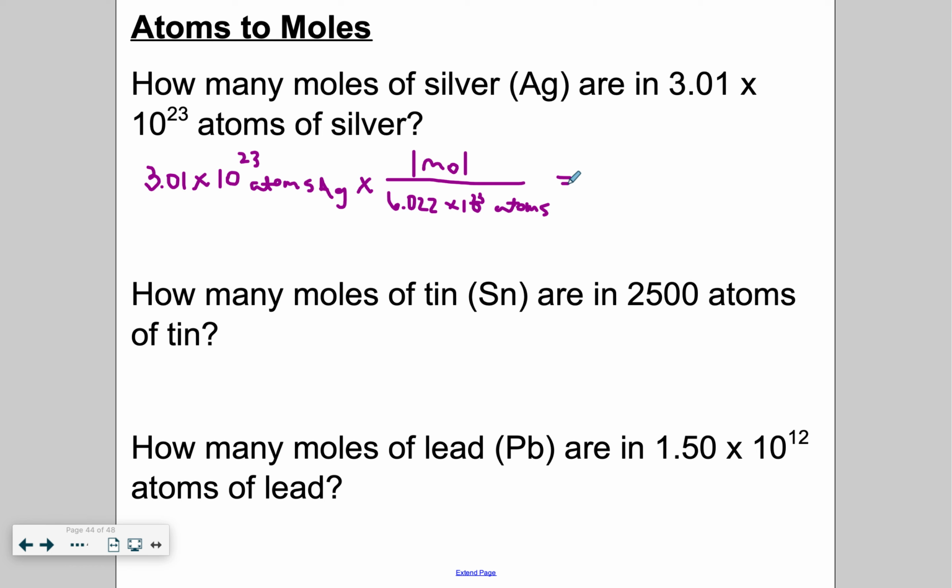So I'm going to type in 3.01 times 10 to the 23rd times 1 divided by Avogadro's. I'm going to hit divide, parenthesis, key in 6.022 times 10 to the 23rd. All right, I'm going to get a number that's 0.4998.